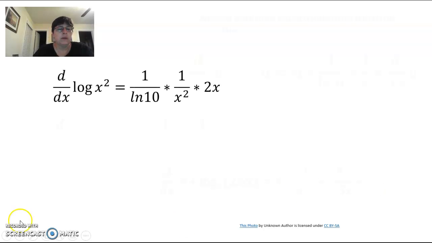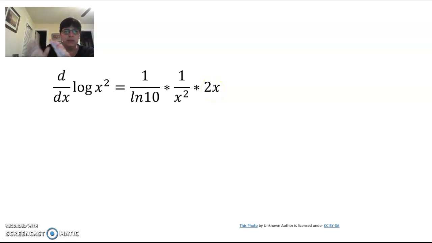If I want to do log of x squared, remember log by itself is log base 10. So you have to have the natural log of 10, or 1 divided by the natural log of 10, times 1 over x squared, because that was the function, times the derivative of the function.